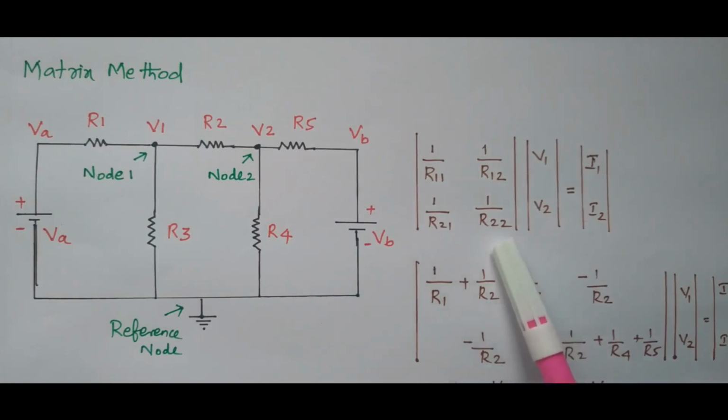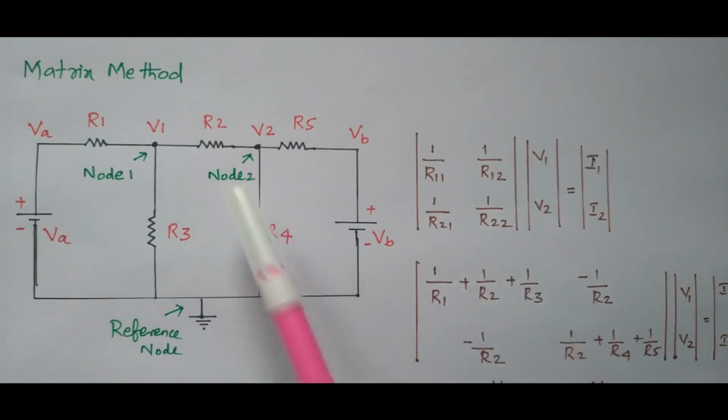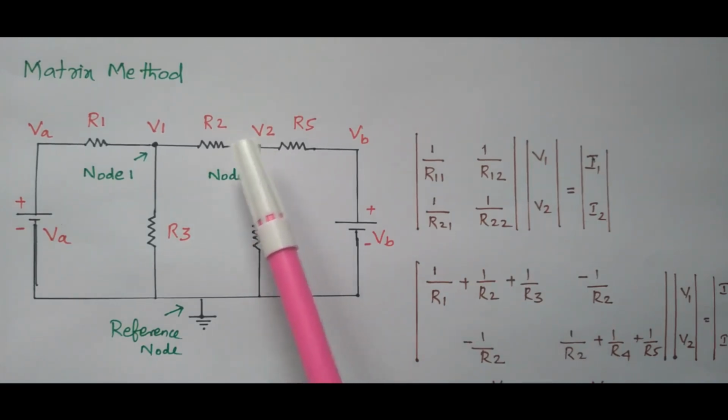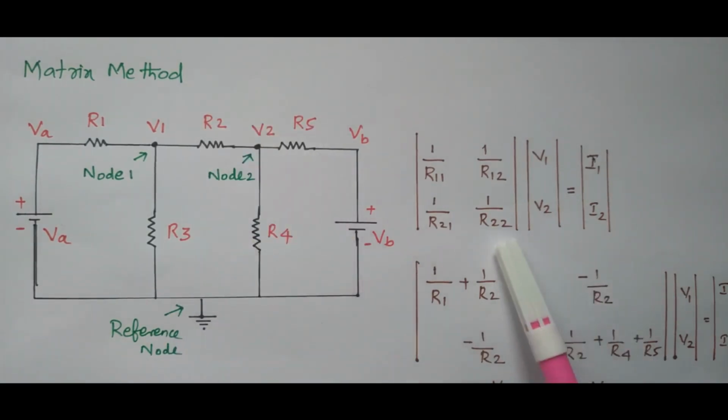What is R22? R22 is nothing but the resistors available at the second node. What are the resistors available? R2, R4, R5. These three resistors are available at the second node. So 1 divided by R2 plus 1 divided by R4 plus 1 divided by R5. Right?